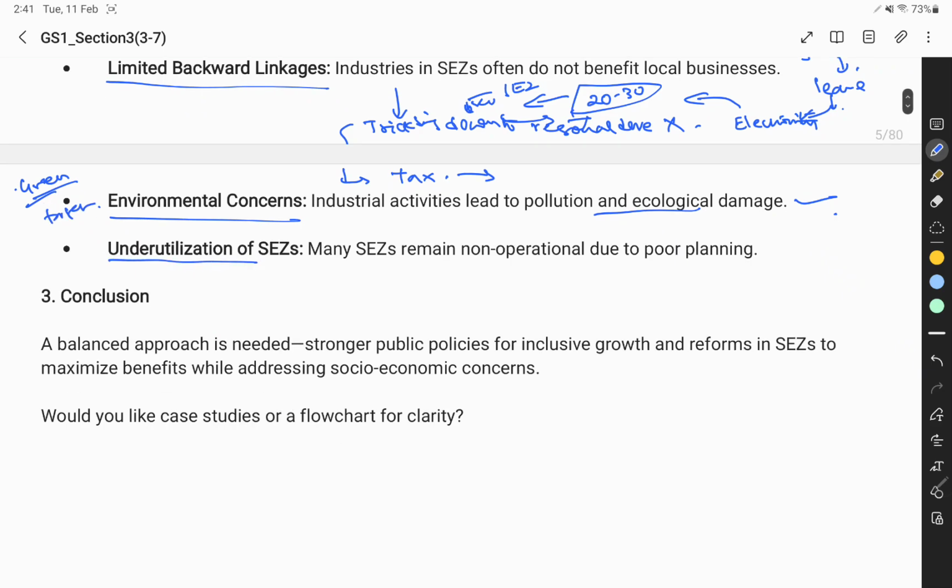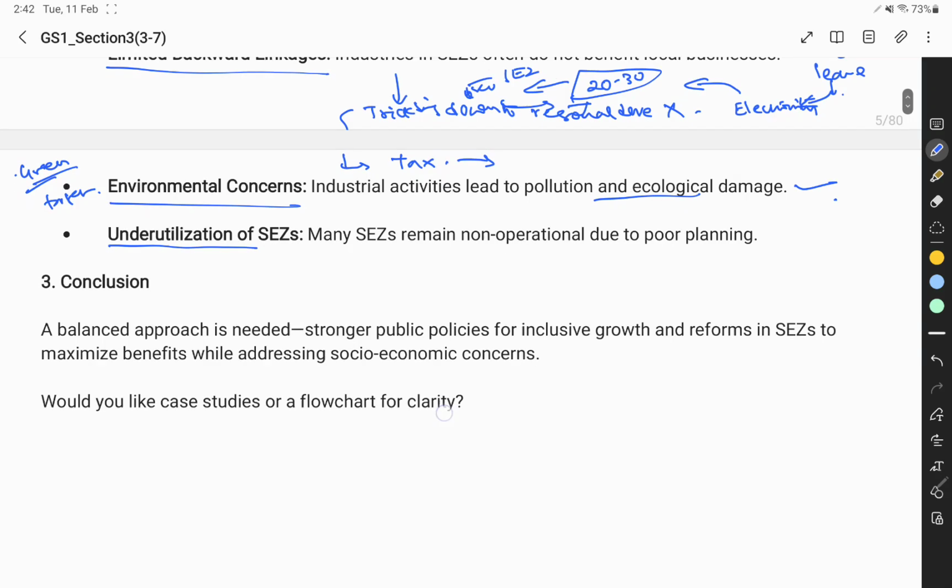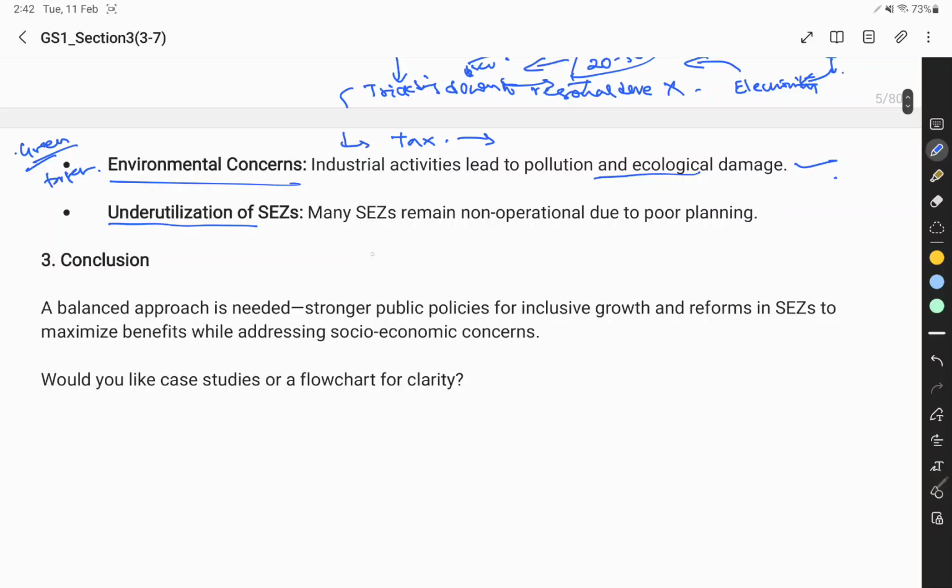And then the underutilization of the SEZs. Industrialized economies have a fixed place and fixed policies. Now, these SEZs remain non-operational due to poor planning, because an industry has to connect to the source and destination of the raw materials. But SEZs suddenly come up at some place just because the investments are lucrative.